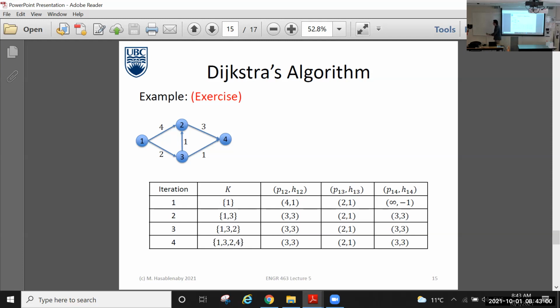Okay, so let's discuss this problem. We have nodes 1, 2, 3, 4.